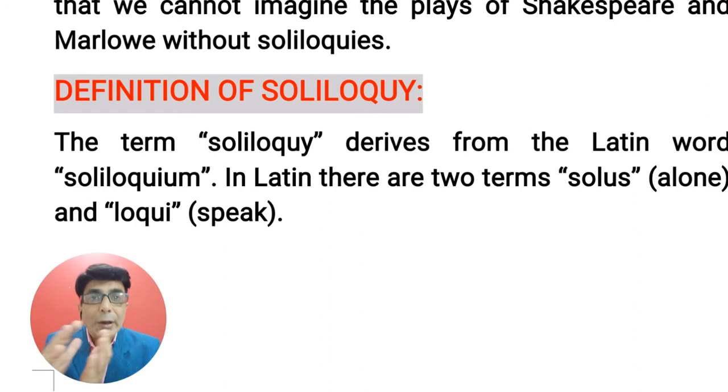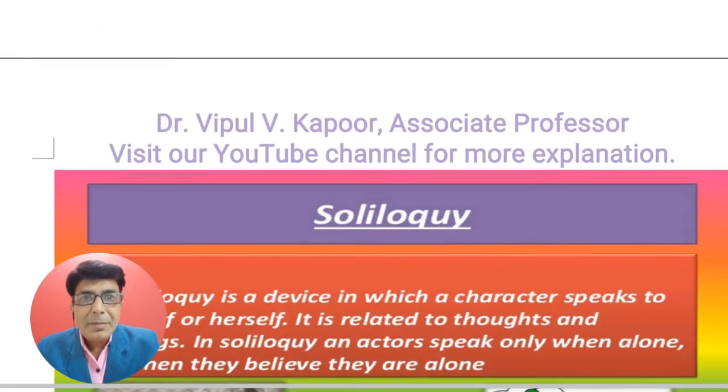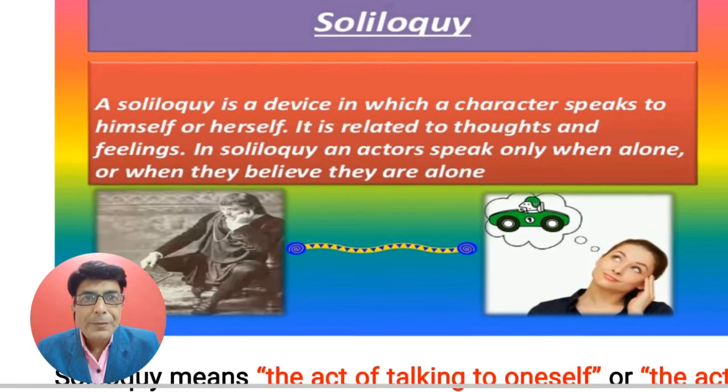Solus means alone, and loqui, L-O-Q-U-I, means to speak. So in short, the English word soliloquy actually comes from these two Latin words, solus and loqui. That means to speak alone.